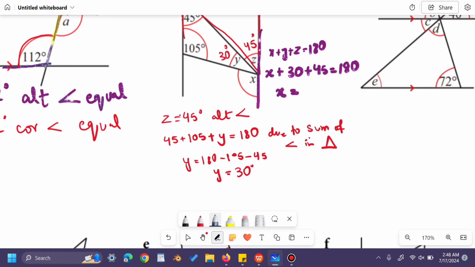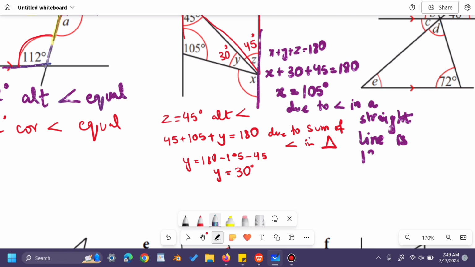That will lead us to x is equal to 105 degrees. And you can say due to angles on a straight line, which is 180 degrees.